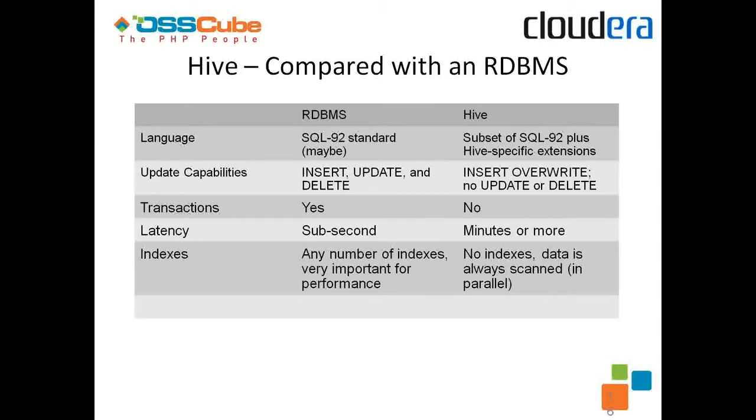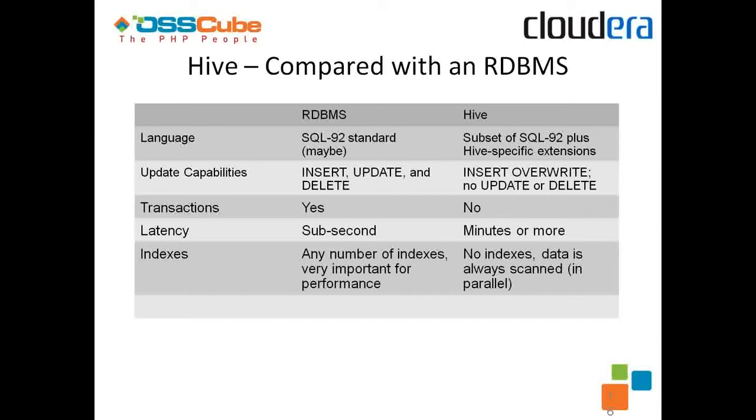Because of that limitation, Hive also does not support inserts, and I mean inserts in the sense that you can insert new records. It says insert overwrite. What it means is you drop the contents of the table, delete the contents, and you write a completely new set of data into that table. So this is one of the main differences.